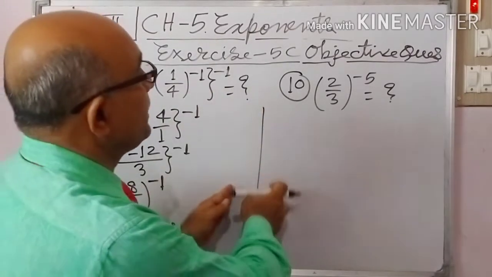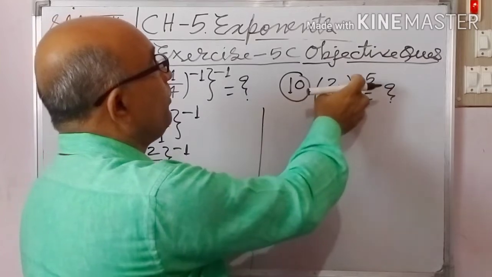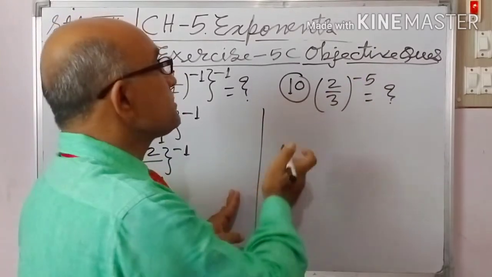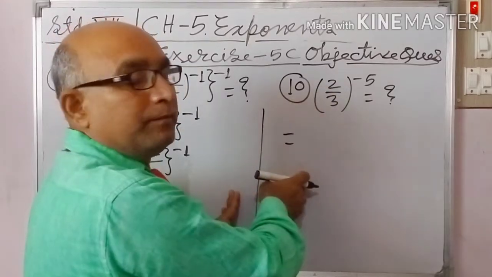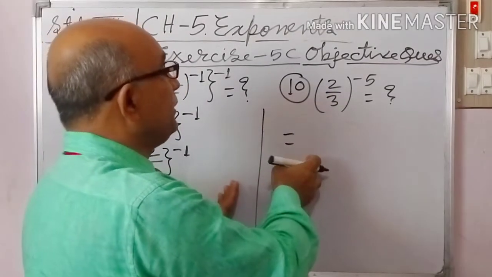And next question is question number 10. 2 by 3 to the power minus 5: a by b to the power minus m equal to b by a to the power m.